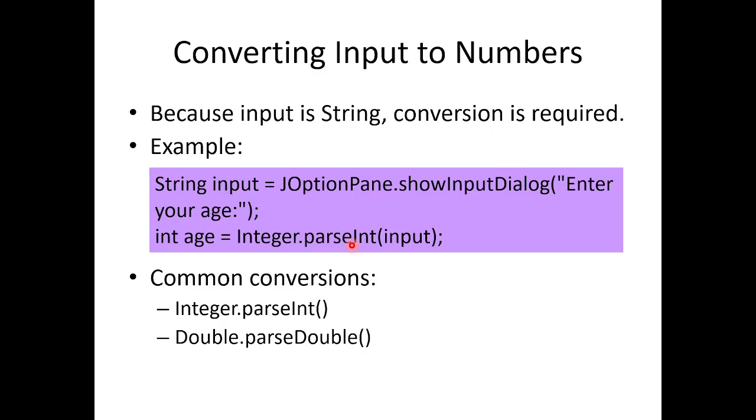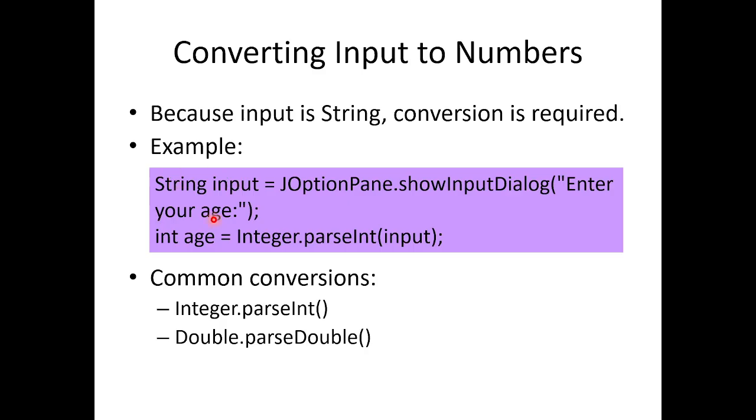We can convert the input string into numbers by using this syntax. You must have the String input equal to JOptionPane.showInputDialog and so on, followed by Integer.parseInt(input), for example. This is the case when you want to convert the string to an integer. Now your variable is input. What is the data type? It is a string.